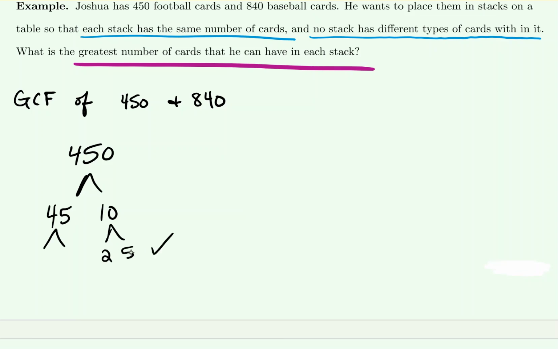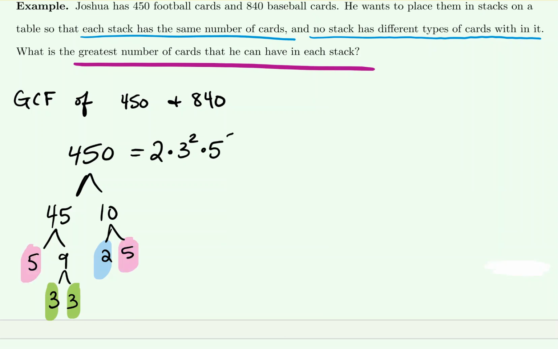We're done here because we've gotten down to 2 prime numbers at the end. 45 is the same as 5 times 9. 5 is good because it's a prime number. 9 still needs to be split. So the prime factorization is: 2 occurs once, so we would just write 2 times. We see that 3 occurs 2 times, 3 squared, times 5 occurs 2 times, so that would be 5 squared.